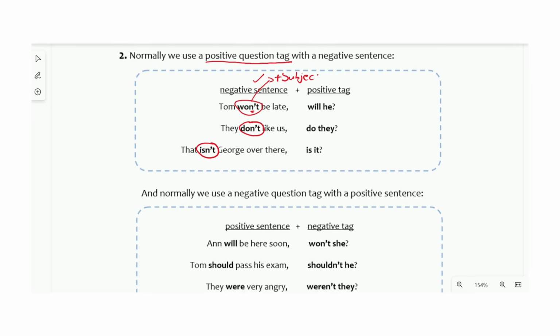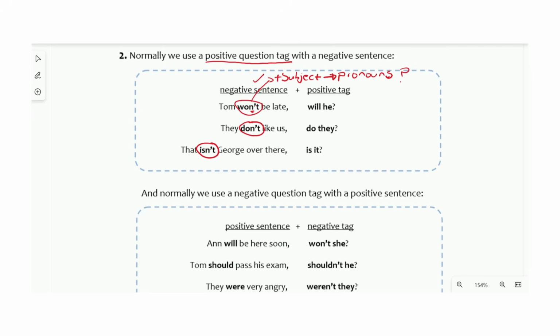Remember, the subject is any person or anything that performs the action in a sentence. And with the subject, we are not going to use names in a question tag, but the names of people will be substituted by what? By pronouns. So it's going to be an auxiliary verb plus a pronoun, then a question mark. That's how we formulate a question tag.